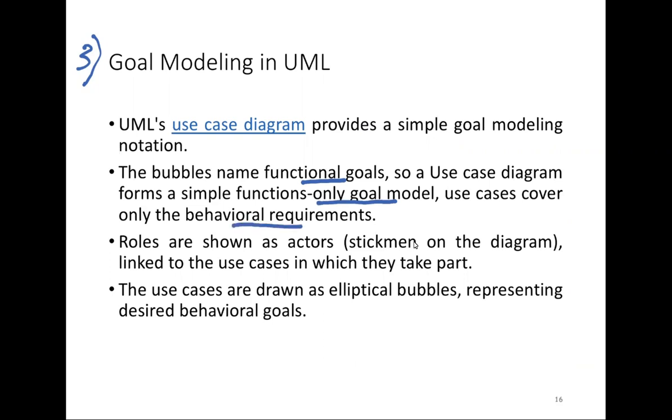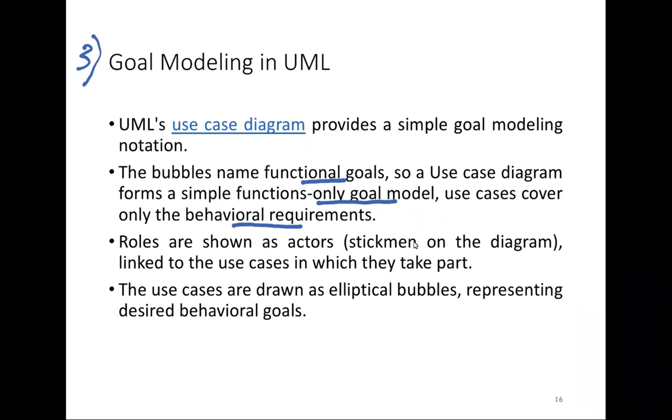So this is one of the limitations of the UML, which has actually been addressed in the GRL notation: in the UML, we focus on functional requirements, while in the GRL, we focus on both functional and non-functional requirements.